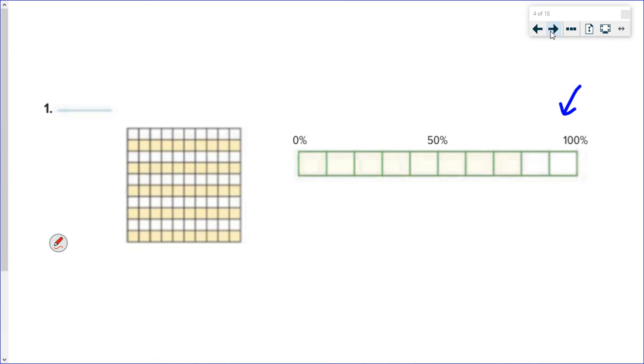So you can use a 10 by 10 grid to look at that, or I can use this bar chart here. So I'm going to first count, remember, how many bar sections I have. So I have 1, 2, 3, 4, 5, 6, 7, 8, 9, 10. So they took this bar and split it up into 10 different sections. So that means that each of those sections is worth 10%, right? So this section is worth 10%, this is worth another 10%, and so on.